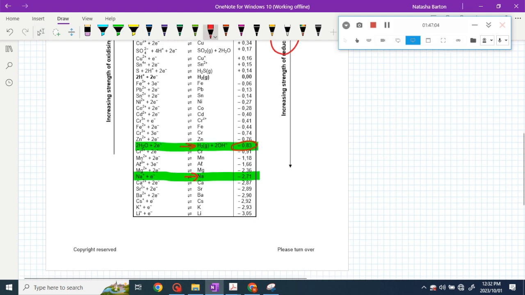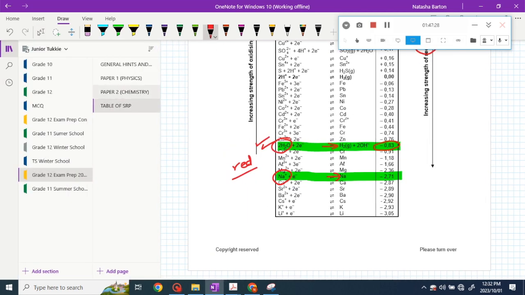Now, if we go to the bottom, we have either water or sodium ions that will act as oxidizing agents and therefore will undergo reduction. According to this table, water is a stronger oxidizing agent than sodium ions, and it will therefore undergo reduction instead.